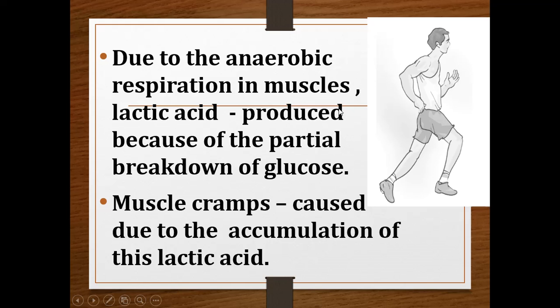So due to muscular activity, anaerobic respiration takes place in humans for a very short time, and at that time what will happen? Lactic acid is produced in the body. Okay, so the acid which is produced during muscular activity is what? Lactic acid. Why is it produced? Because of the partial breakdown of glucose.